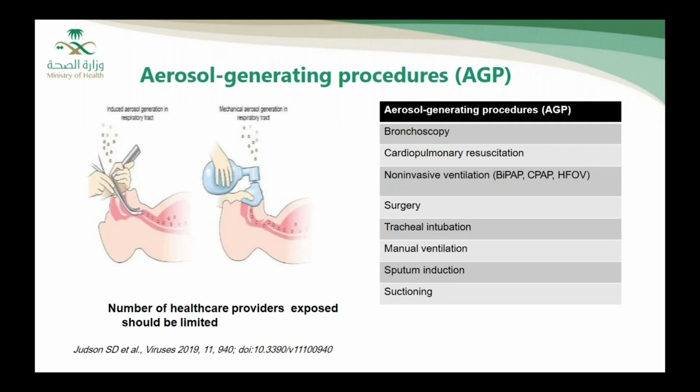For example, AGP, aerosol generating procedures, like bronchoscopy, cardiopulmonary resuscitation, non-invasive ventilation, for example BiPAP and CPAP, high frequency oscillation, tracheal intubation, manual ventilation, sputum induction, and suctioning. So we should take care during these procedures.